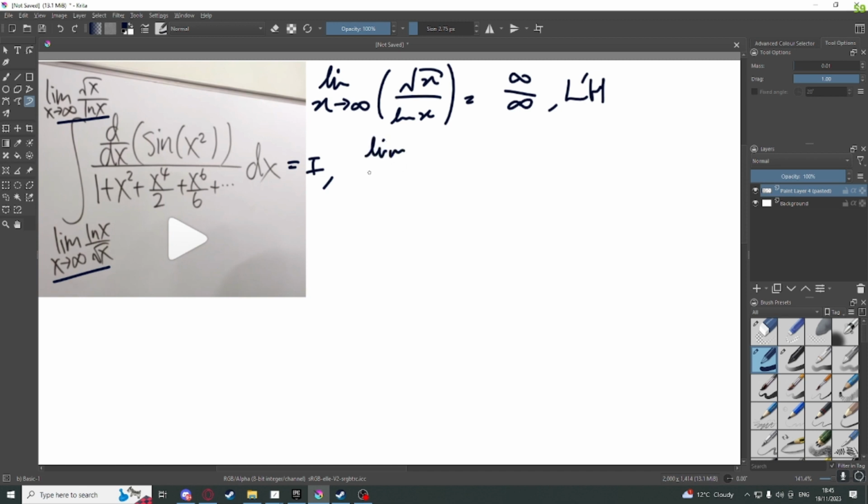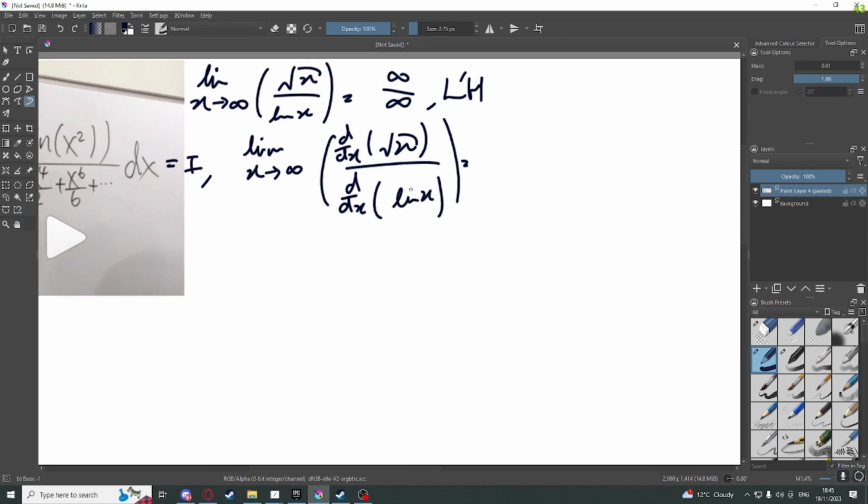So this is equal to the limit as x approaches infinity of the derivative of the square root of x over the derivative of the natural log of x.